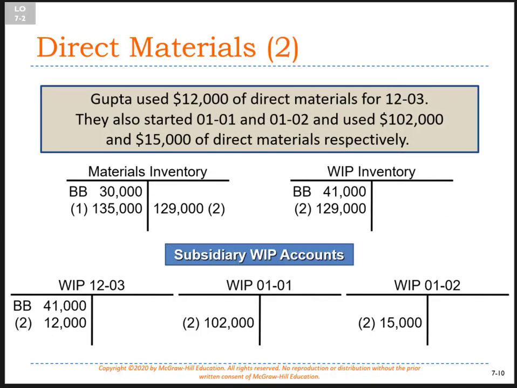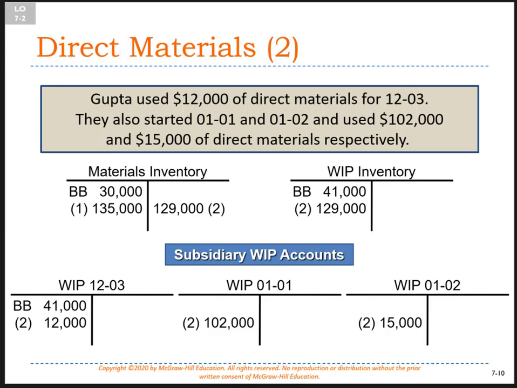We use direct materials. So we took it out of the warehouse, and when that happened, we identified these as being used in a particular job. So we credit raw materials inventory, and we debit work in process.